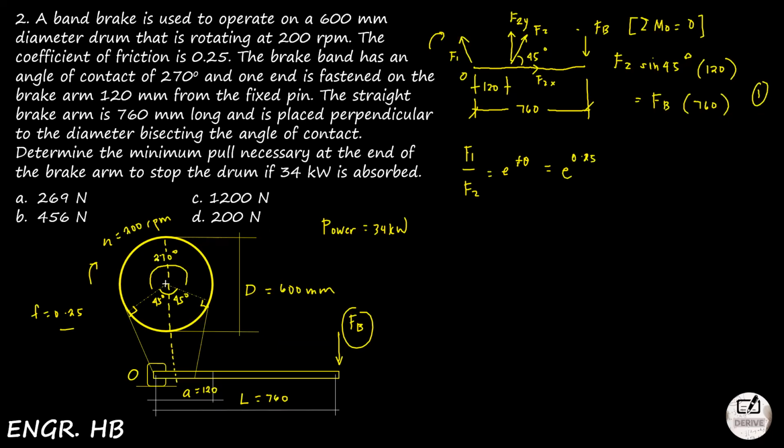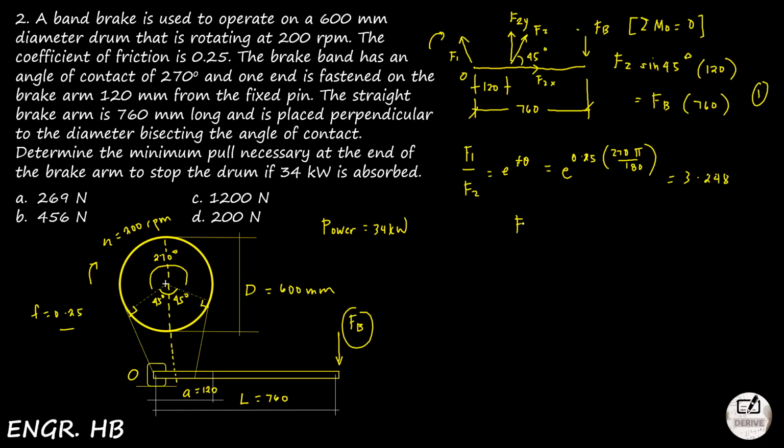Be careful guys, but 270 degrees. So radians yan guys. So it should be multiplied by pi over 180 degrees. Kasi kapag 180 degrees, convert mo sa radians, so that will be pi. So 0.25 times 270 times pi divided by 180. E mo yun, raised to that answer. So that was 3.248.